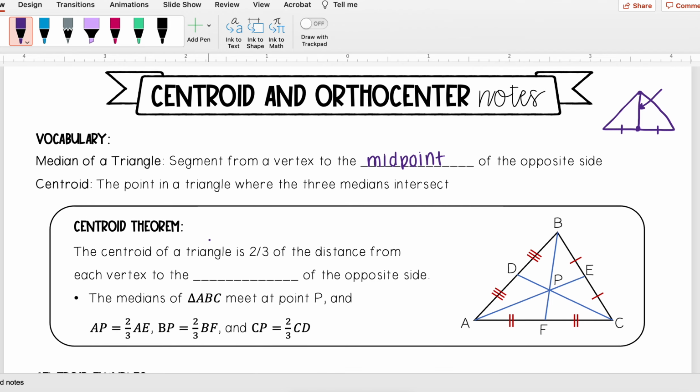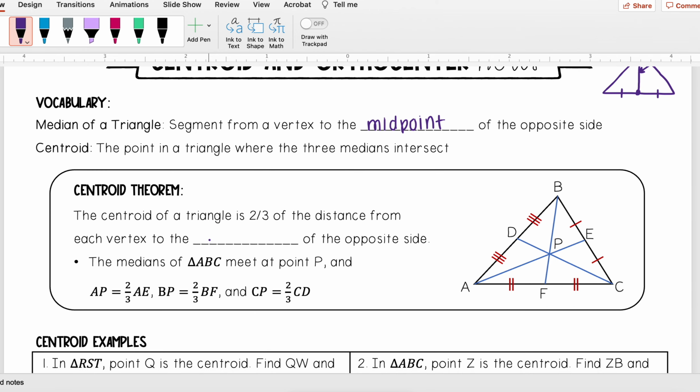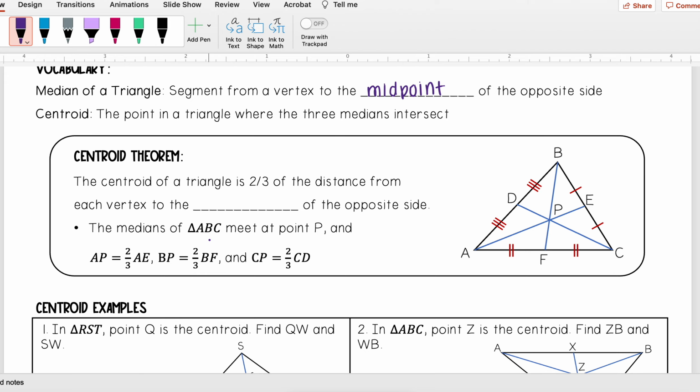And so we actually have some properties that go with these medians in the centroid. That is where they all intersect. And we have the centroid theorem that tells us this. The centroid theorem tells us that the centroid of a triangle is 2/3 of the distance from each vertex to the midpoint of the opposite side.